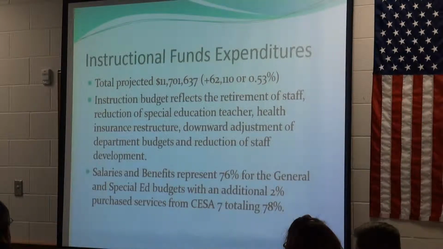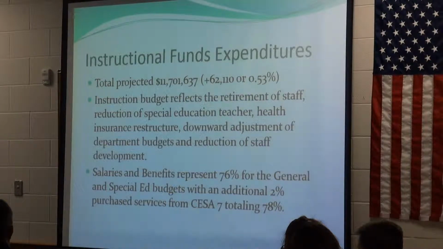The instructional fund expenditures are projected to increase about 0.5%, so 11.7 million. The instruction budget reflects the retirement of staff, reduction of a special education teacher, health insurance restructure, a downward adjustment of department budgets, as well as reduction of staff development.